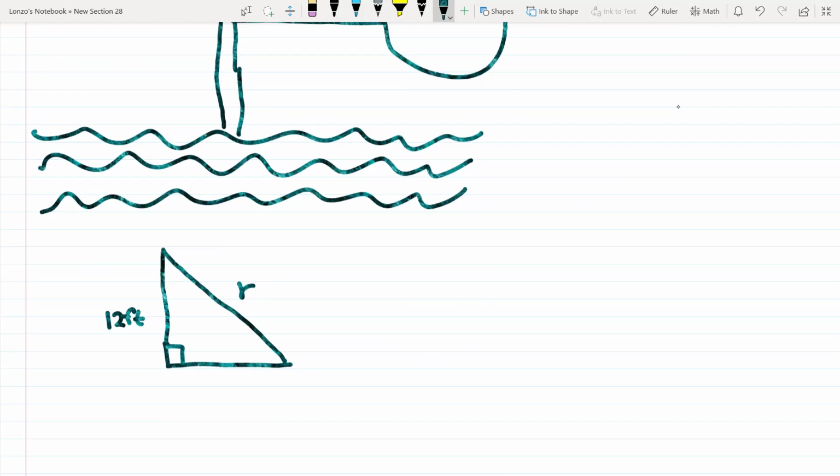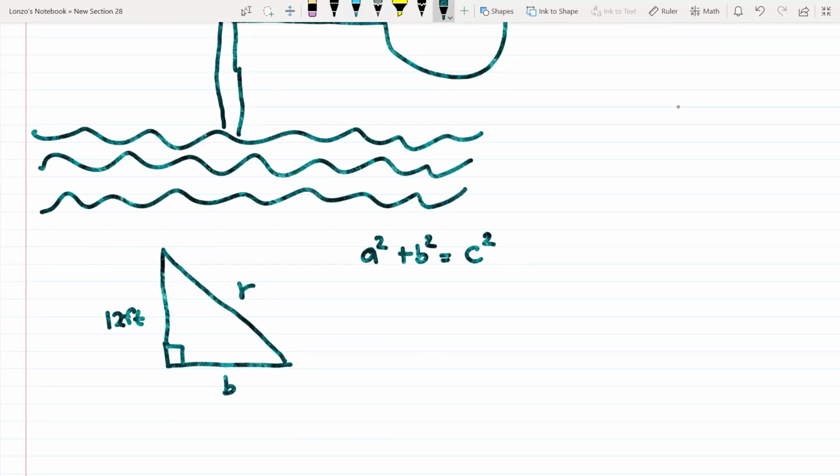So this is like the winch, and that's like the rope that's pulling the boat in. And then let's call this b, because we're going to use the Pythagorean theorem, right? So we're not looking for a missing angle. I think we're going to have to find missing side lengths. Since it is a right triangle, we can use the Pythagorean theorem. a is a leg, b is a leg, c is the hypotenuse.